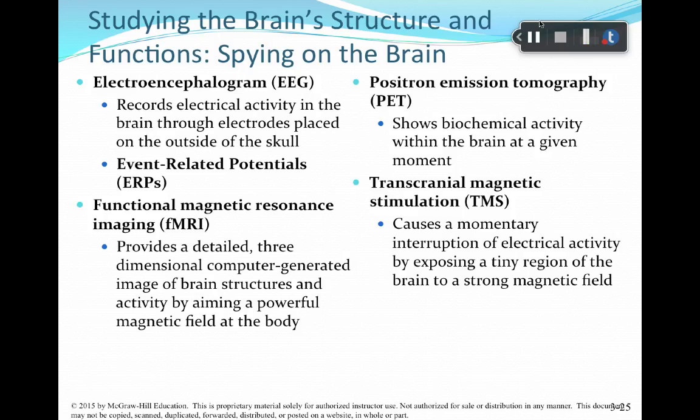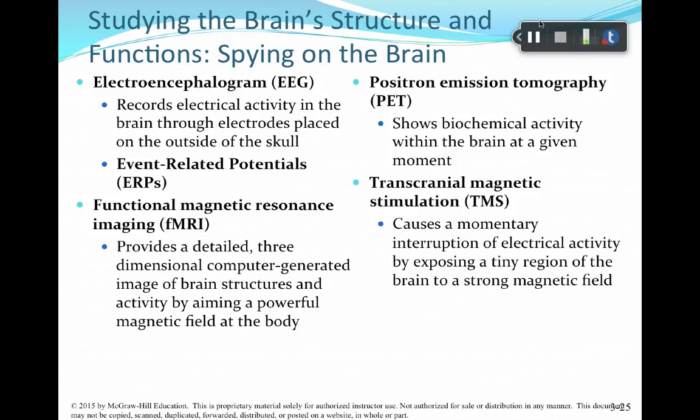So these are 4 different techniques, and there are many more out there to spy on the brain, or eavesdrop on the brain, as the neuroscientist said in his TED Talk. There's EEG, which records the electrical activity through electrodes placed on the outside of the skull.